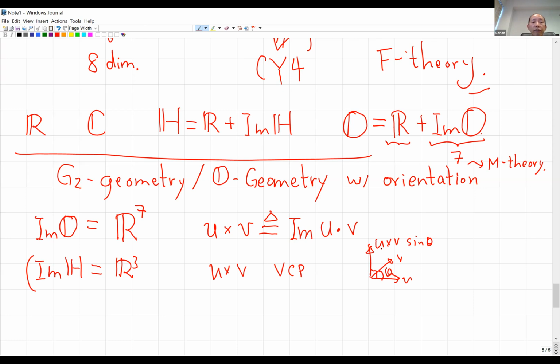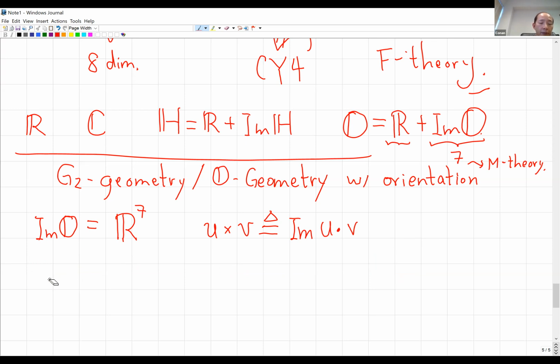A lot of 3-dimensional topology and geometry is related to quaternion geometry because you have a vector product, which you don't have in other dimensions. The only other dimension where you have this vector product comes from the octonion geometry in 7 dimensions.